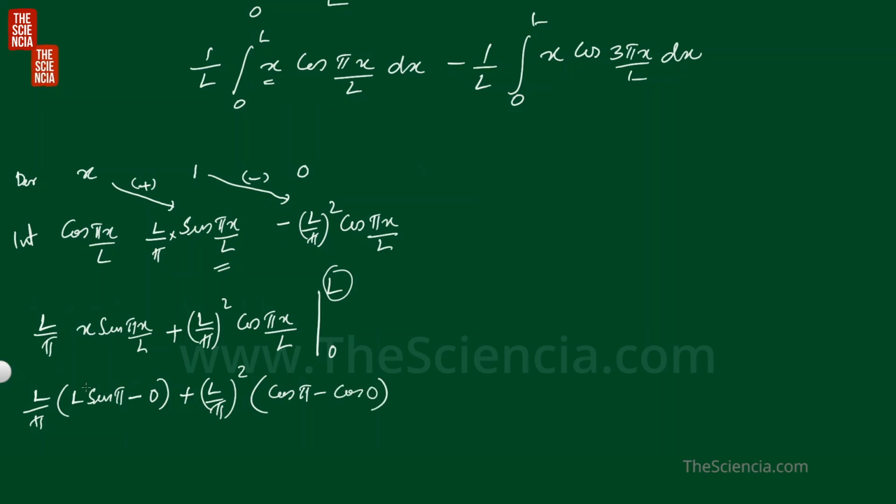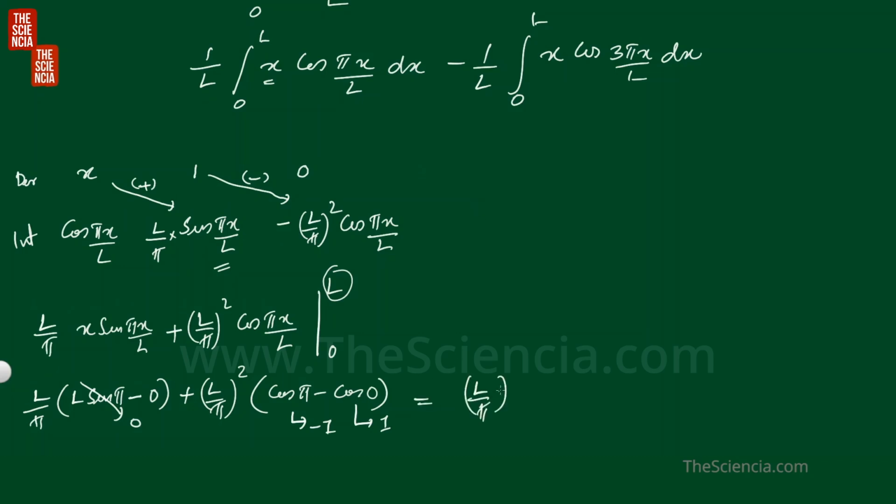Here you know sin π is equal to 0, so this entire term is gone, and the remaining is cos π equal to minus 1, minus cos 0 which is 1.